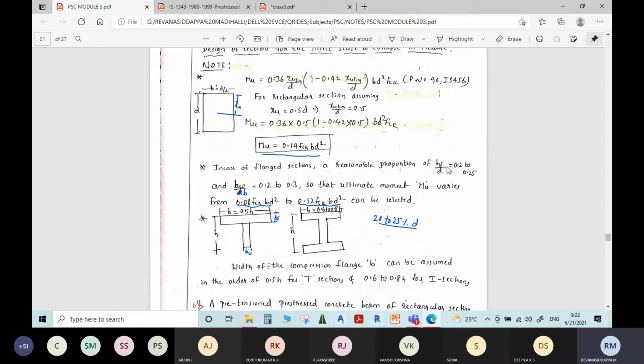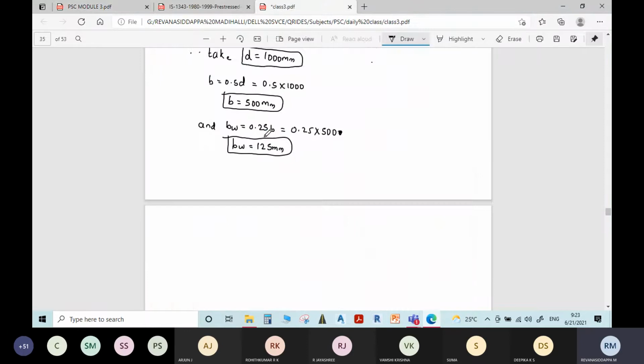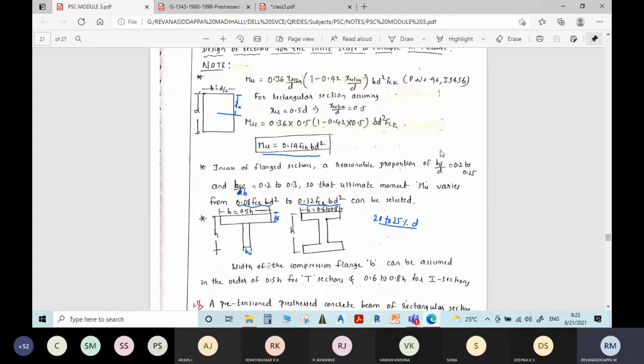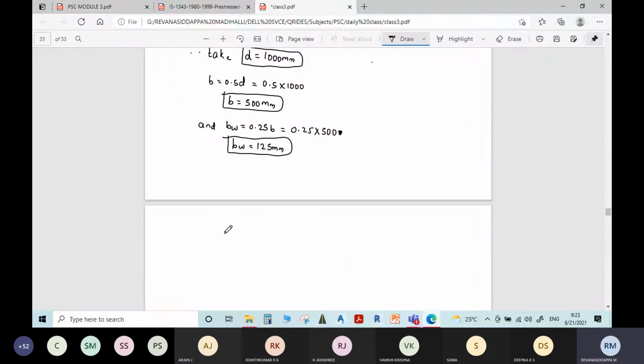For assuming height of the flange, the ratio given is 0.2 to 0.25. Okay, you can assume some ratio there. Either you can assume 0.2 or 0.25, whichever you feel convenient. I will take 0.2.